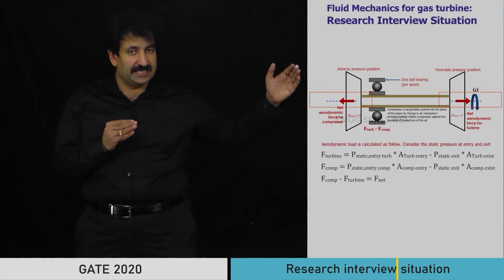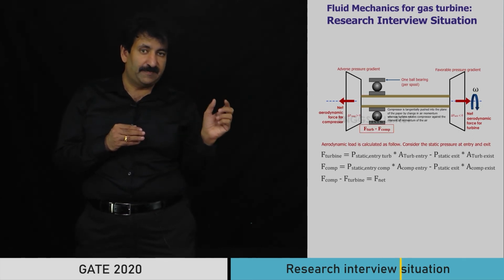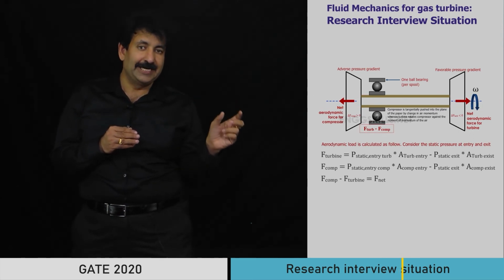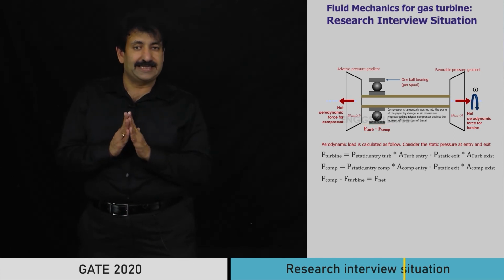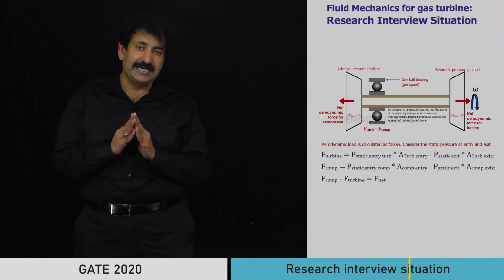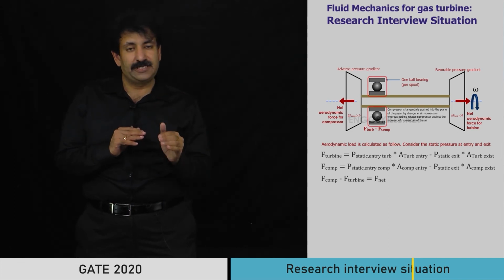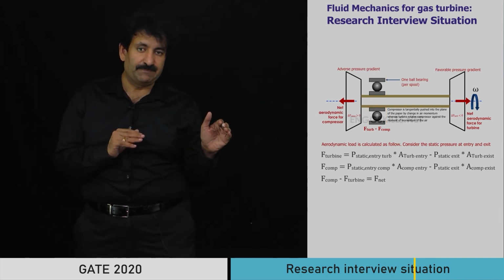These forces are obviously different, and therefore the differential force of the turbine minus that of the compressor must be supported by a thrust bearing. That is why, if you observe a typical cross section of a gas turbine, each spool has one devoted ball bearing that supports the thrust load.